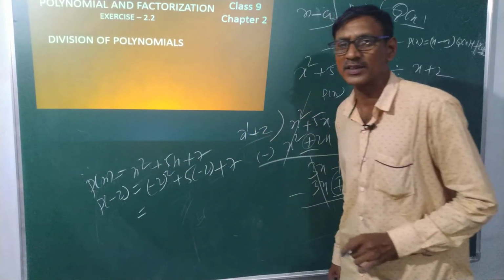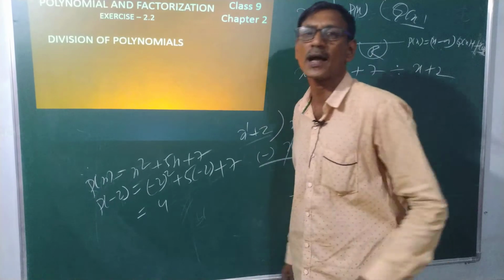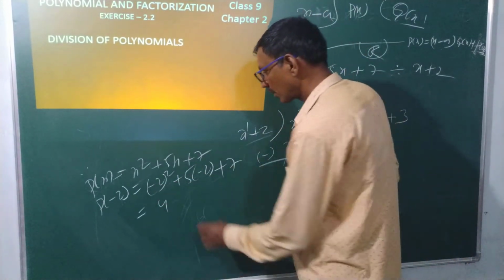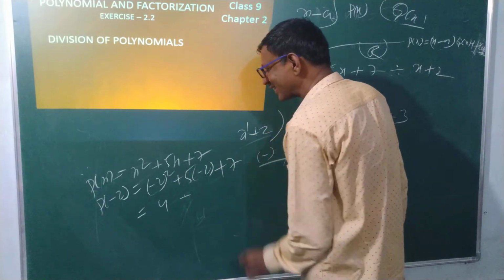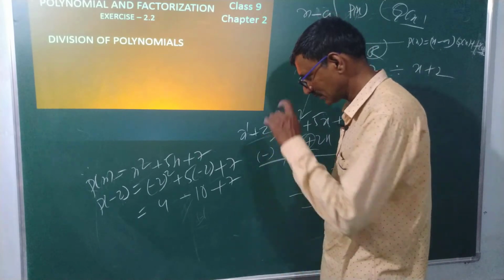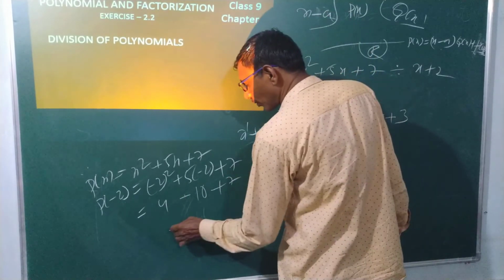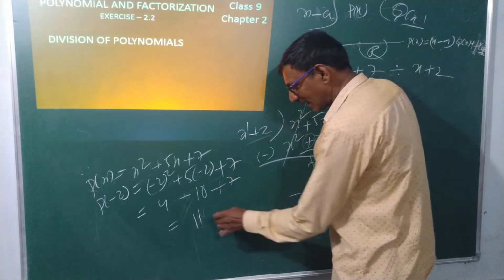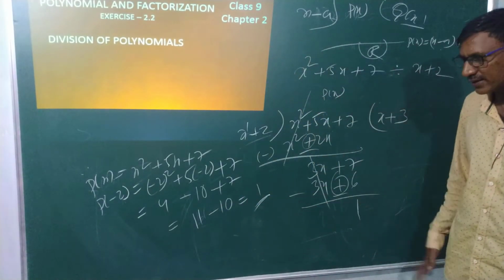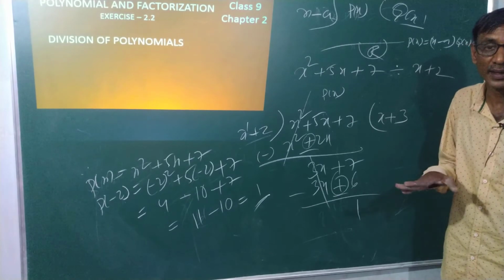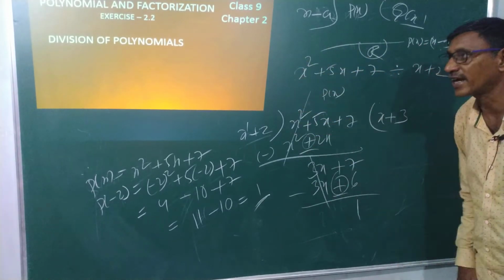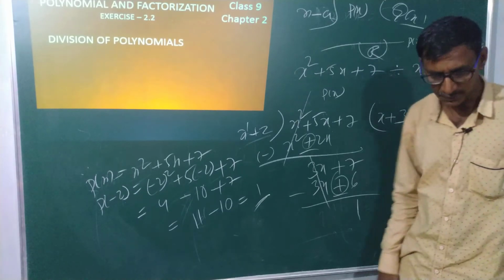Minus 2 whole square how much? 4. 2 twos are 4, but minus becomes plus because it is squaring. Minus 2 fives are minus 10, plus 7. 7 plus 4, 11. 11 minus 10, 1. See, that is the remainder we get. That's the reason we have a small definition to understand the remainder theorem. See here.